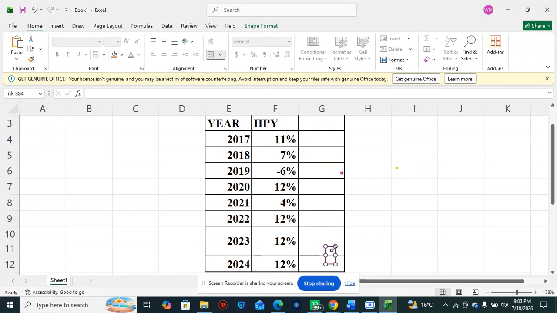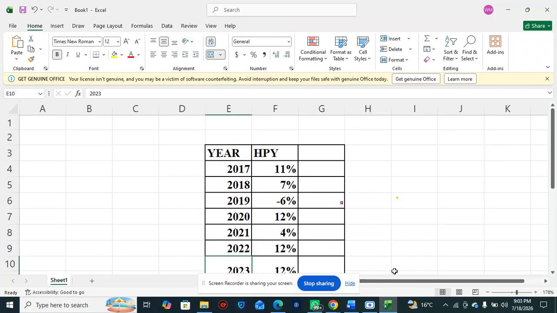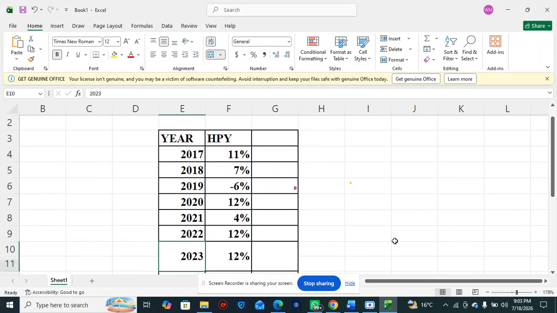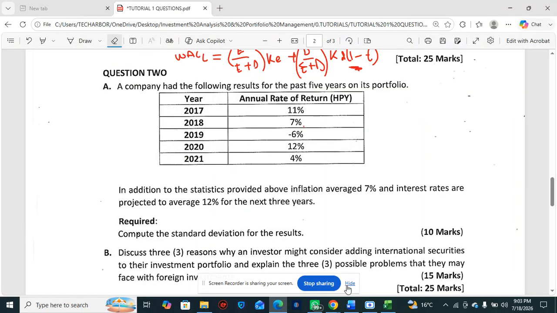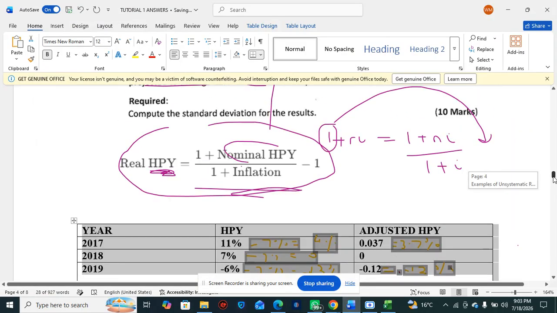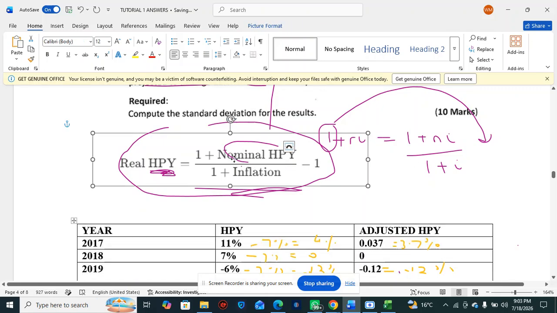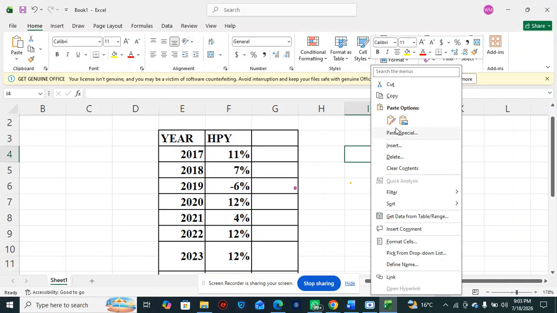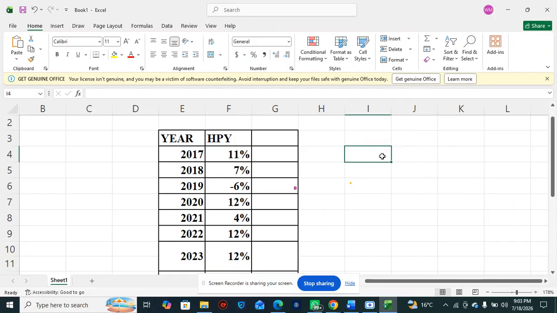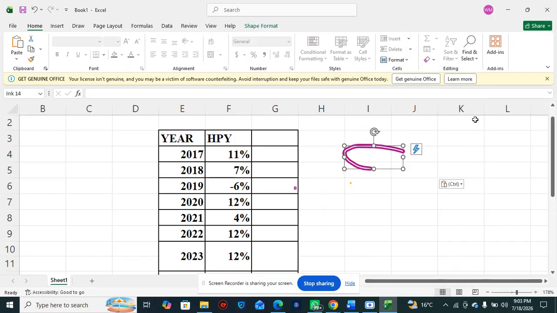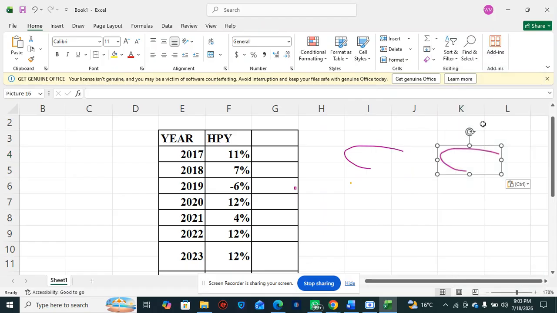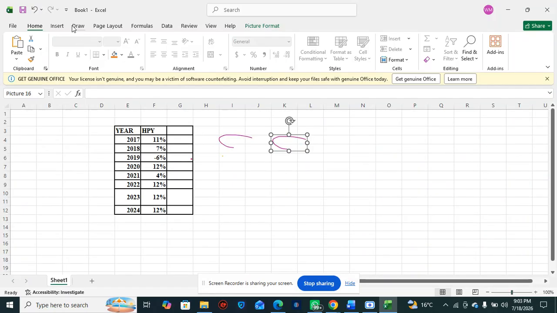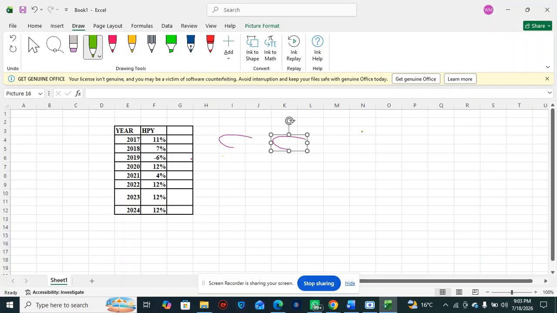So this is how we're going to adjust them for inflation. Okay, our real return, or our real HPR.